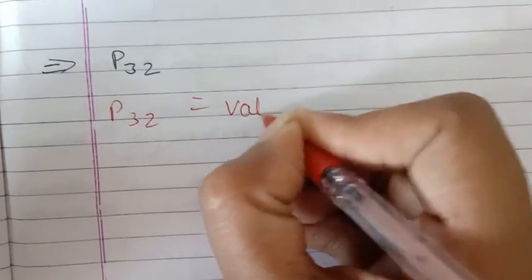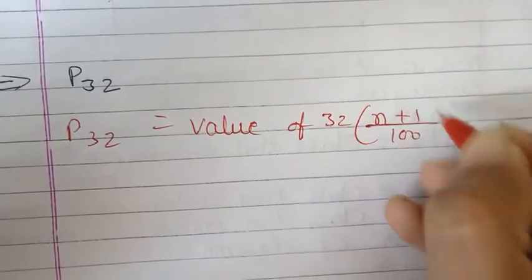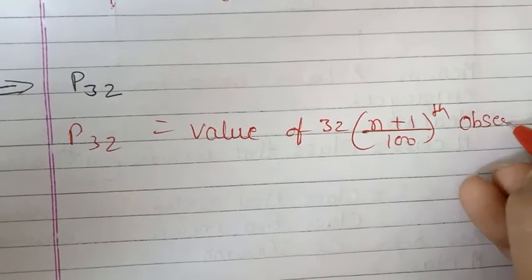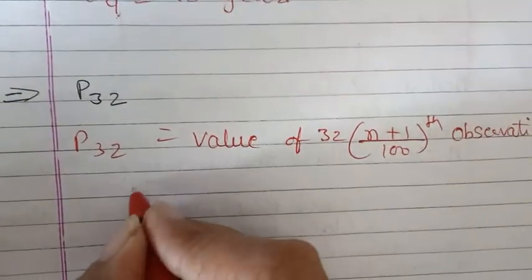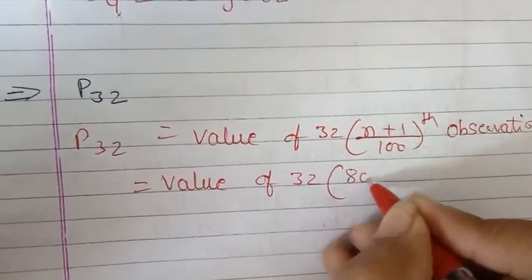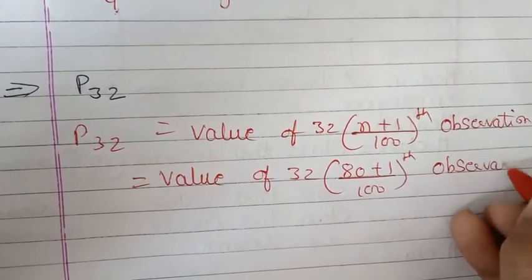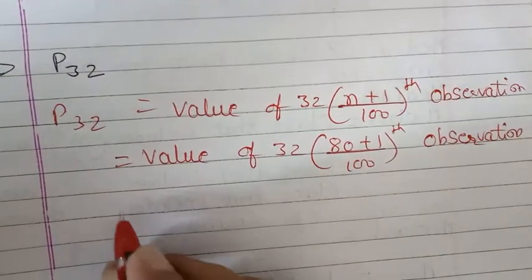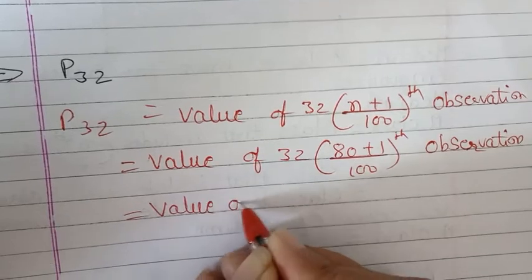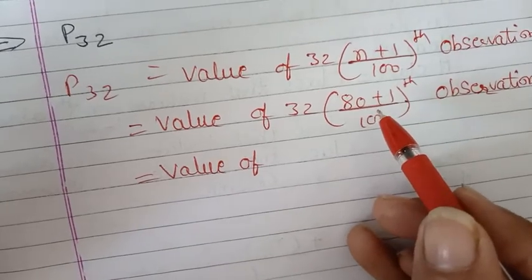And the last one which we have to find is P32. So P32 is equal to the value of 32(n plus 1) upon 100th observation, that is equal to the value of 32, n is 80, (80 plus 1) upon 100 observation, that is equal to the value of 80 plus 1 divided by 100, so it will give you 0.81.